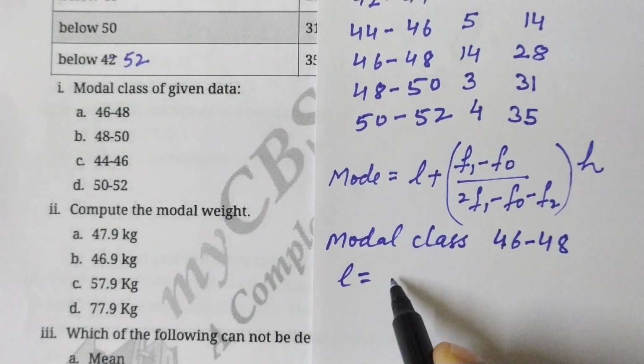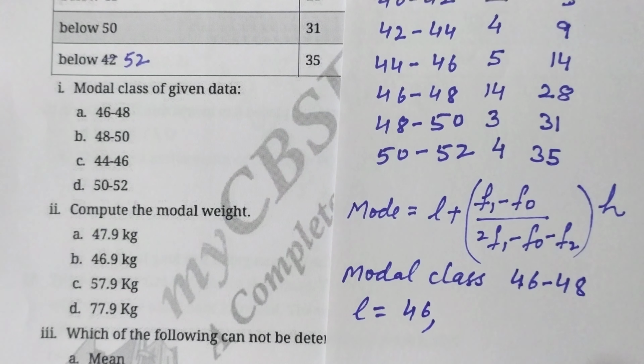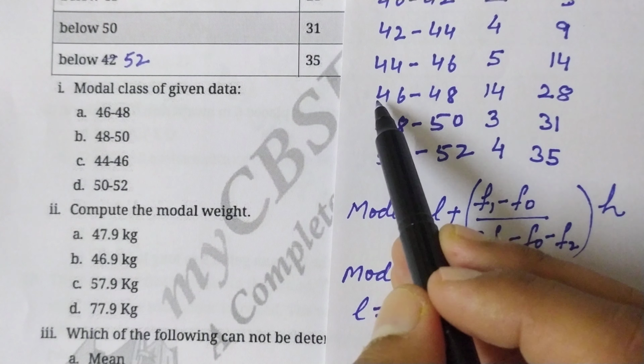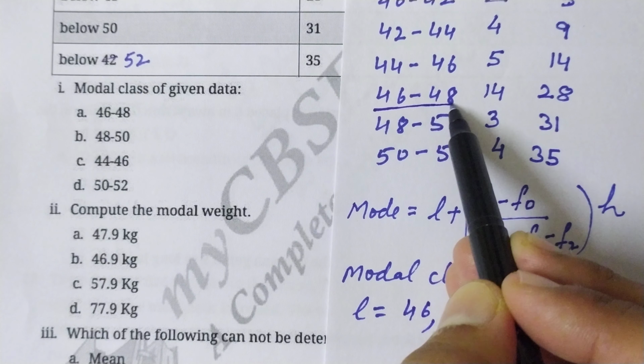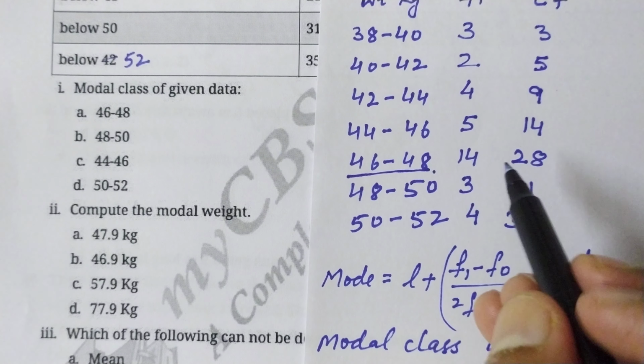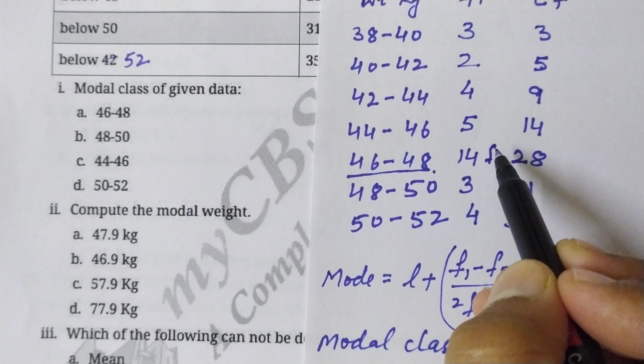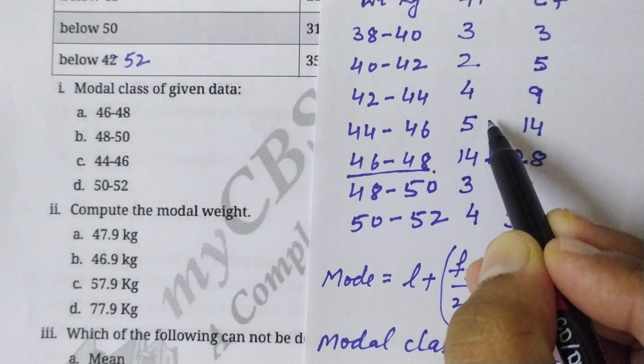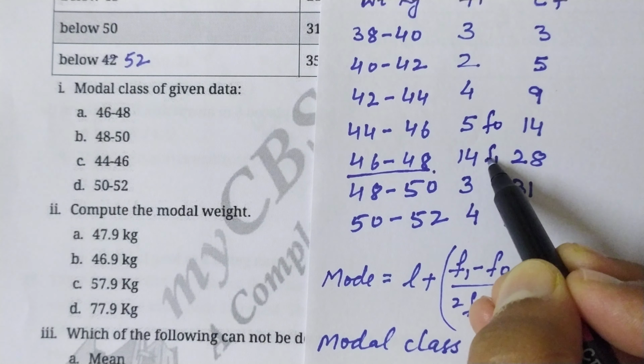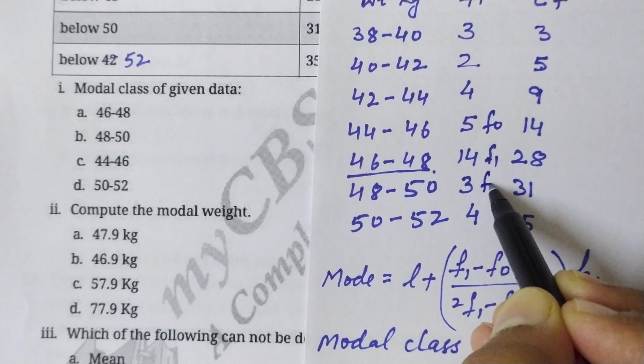What is its lower limit? 46. Now see, this is the modal class. Its frequency is F1, its previous frequency is F0, and after F1 it is F2.